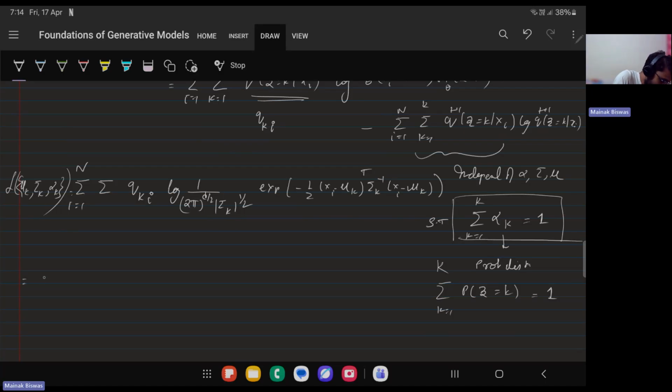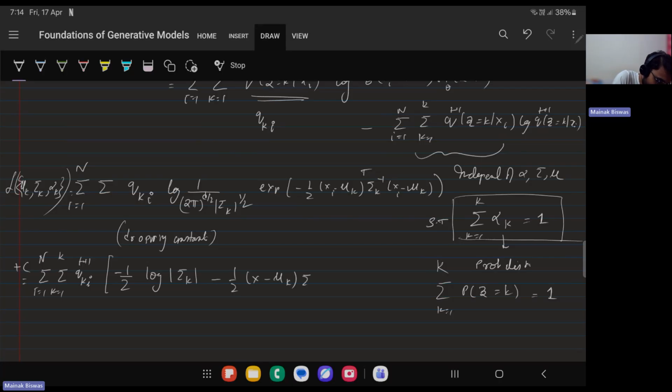So you will write this down as the summation over i equal to 1 to n, summation over k equal to 1 to K, q ki times, dropping constants, plus c, half times log of the determinant of sigma k with a negative sign, minus half times x minus mu k, sigma k inverse, x minus mu k. Okay, so this is the first sum.